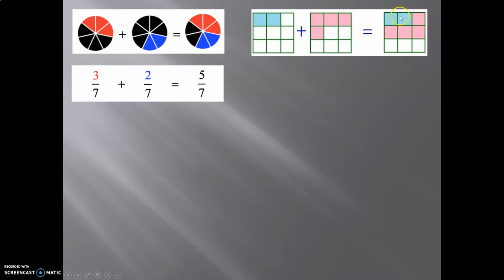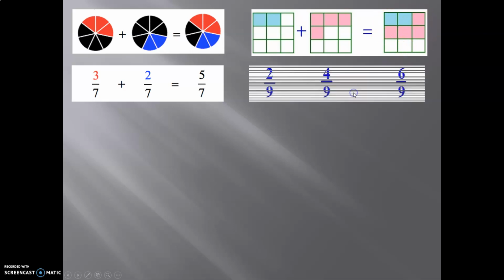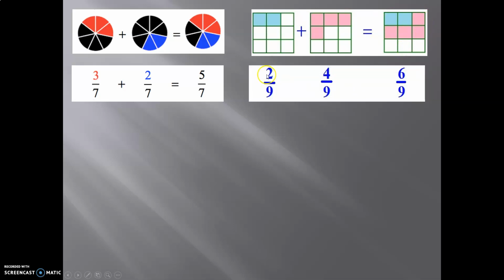Together we finished 6 out of these 9 parts. So I started by coloring 2 out of 9, and my sister colored 4 out of 9. Together we finished coloring 6 out of 9. The total parts colored is 6 out of 9.